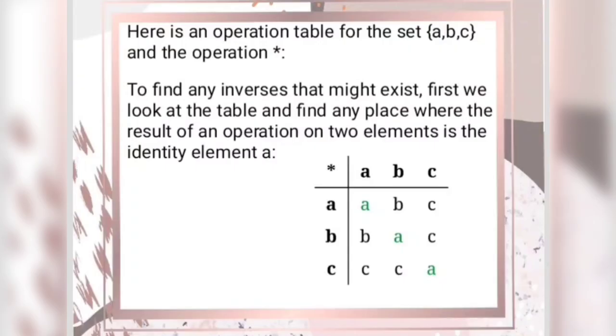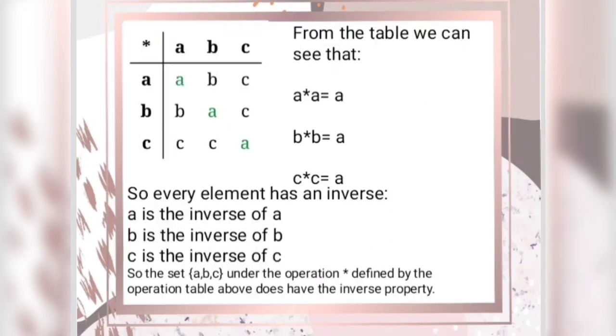Here is an operation table for the set A, B, C, and the operation. To find any inverses that might exist, first, we look at the table and find any place where the result of an operation on two elements is the identity element A. From the table, we can see that A operation A equals A, B operation B equals A, C operation C equals A. So every element has an inverse.